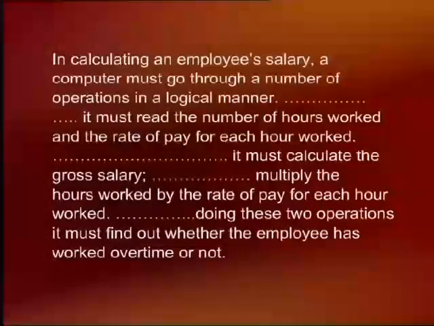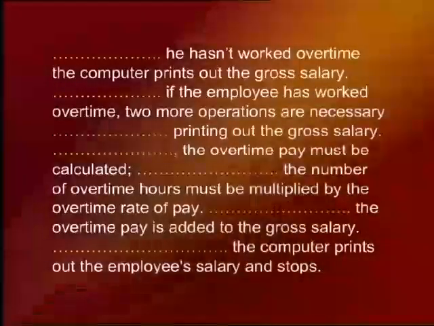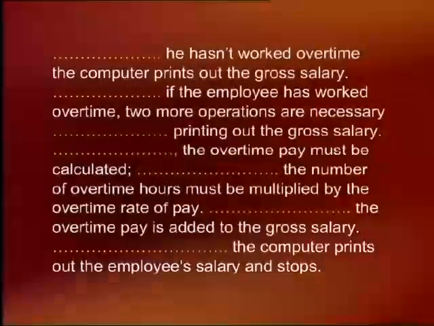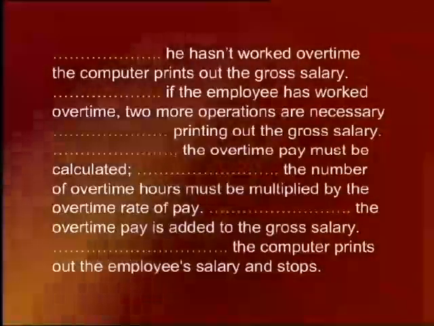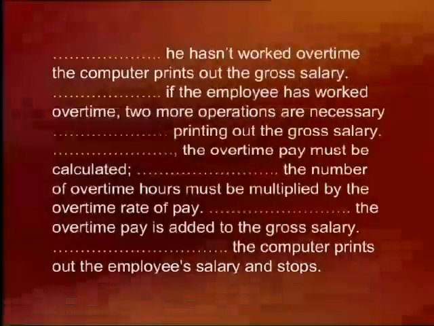Right? Look at the next sentence. "If he hasn't worked overtime, the computer prints out the..." So it has to be: if he hasn't worked overtime, the computer prints out the gross salary.